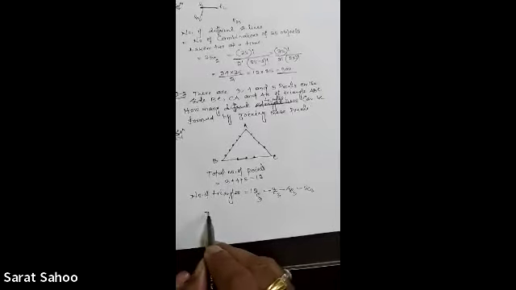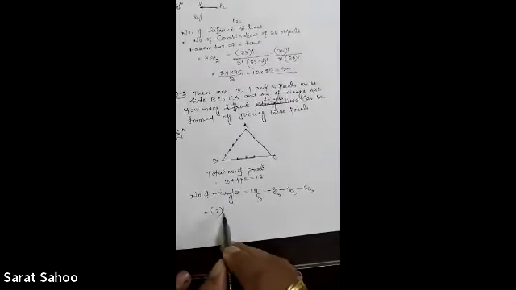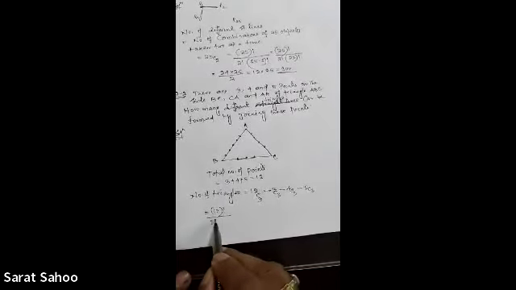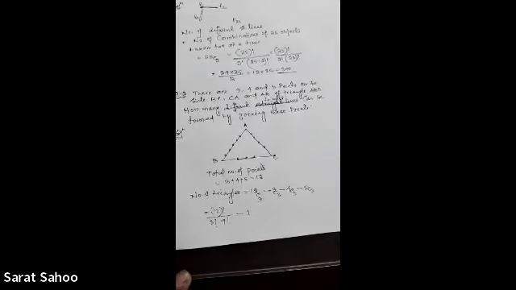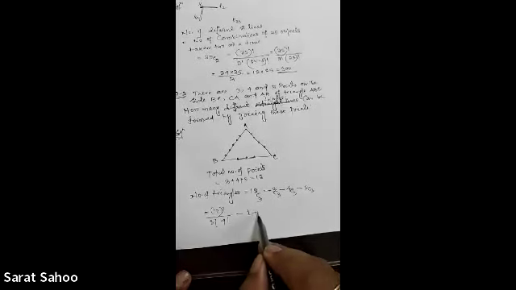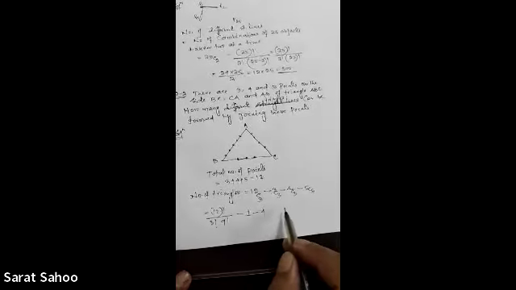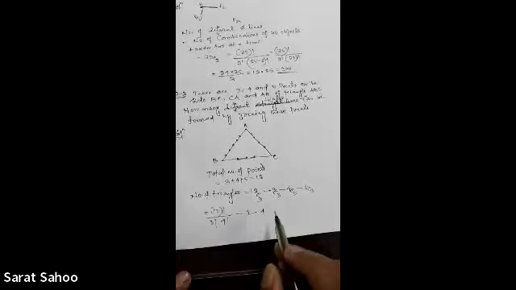So 12C3 is equal to 12 factorial, minus 3C3 is 1, minus 4C3 is 4, minus 5C3 is 10.